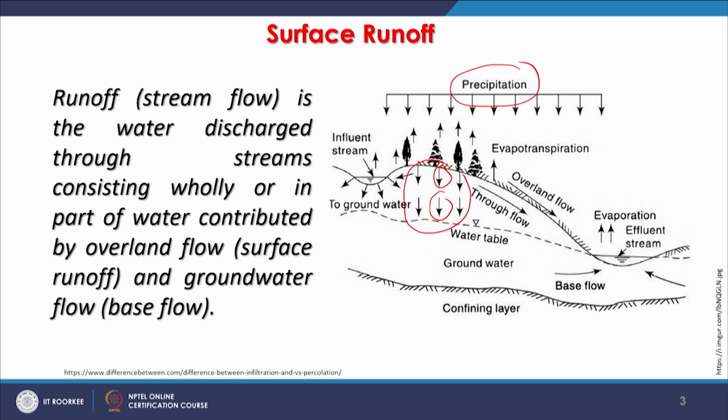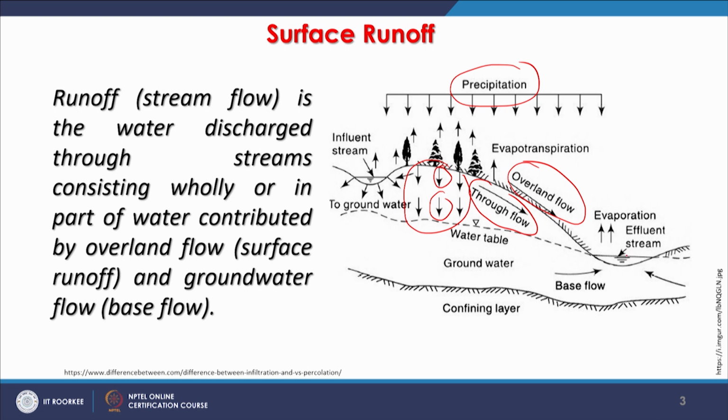In the subsurface condition, depending on slope, there might be a through flow, but the large part of the water, again depending on soil and rock conditions and slope conditions, will be overland flow, and this flow we are talking about is surface runoff. Runoff, in the case of stream flow, is the water discharged through the streams, consisting wholly or in part of water contributed by overland flow.